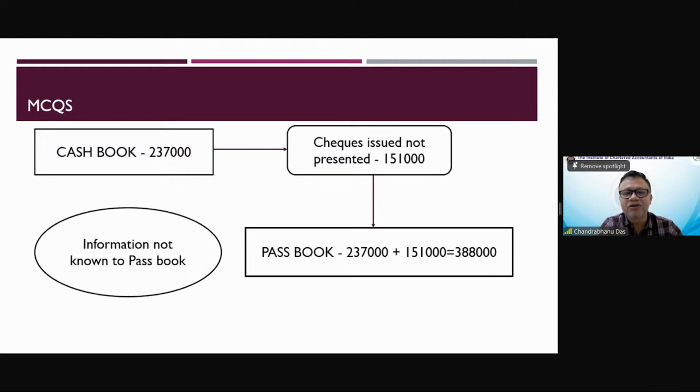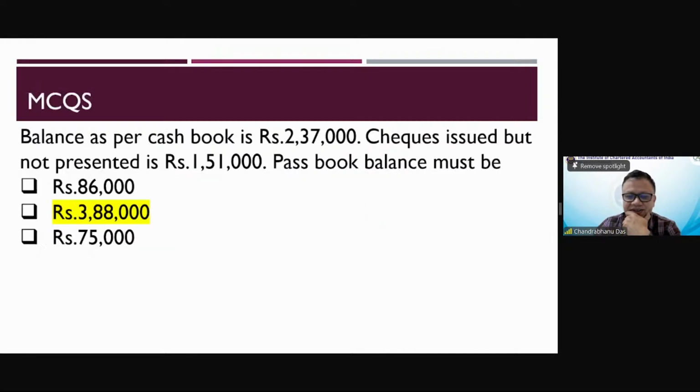The information not known to the passbook should be added back in the case of checks. So here you can see that when the cash book is 2,37,000, the passbook balance is increased, as I said, for the checks issued but not presented, on the basis of the table which I have shown. So 2,37,000 plus 1,51,000, 3,88,000.